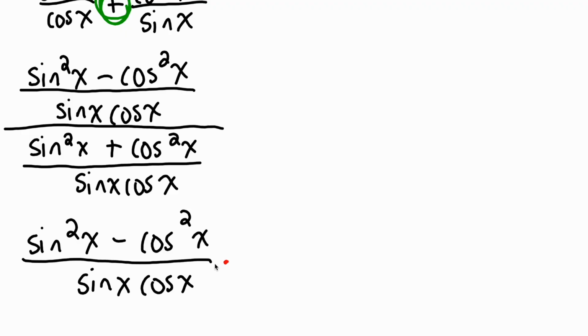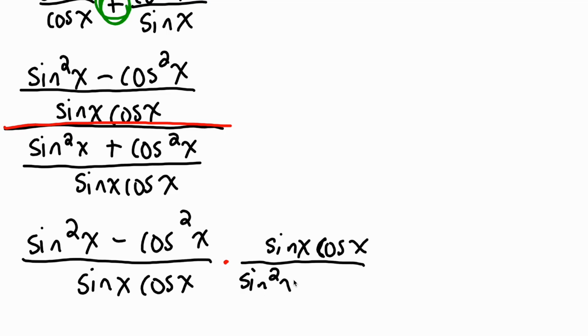If you put an x there for times, I would just leave it as a little dot, or just write them next to each other. But anyway, this fraction bar means divide. So we copy the numerator, we switch it to multiply, and multiply by the reciprocal of the denominator. So sine x, cosine x, over, if we flip that, sine squared x plus cosine squared x.